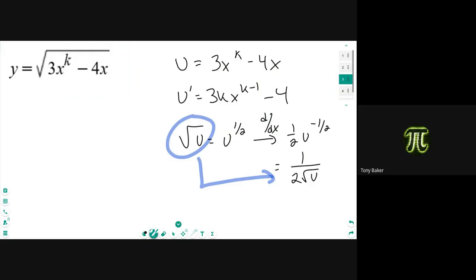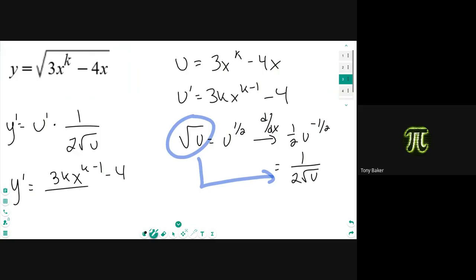All right, so now I plug in. The y prime is u prime times 1/2 square root of u. So u prime is 3K x to the K minus 1 minus 4 over 2 times the square root of 3x to the K minus 4x.